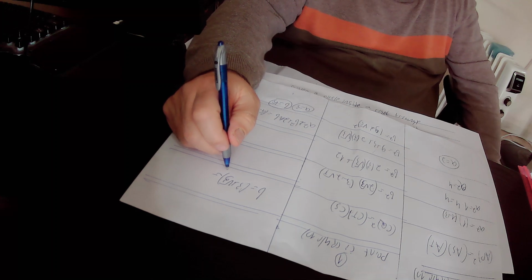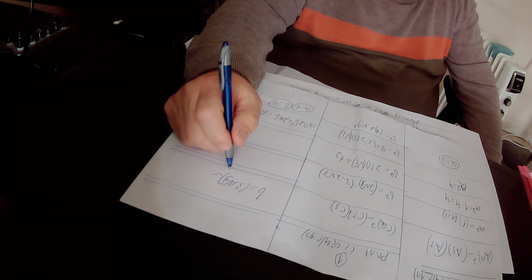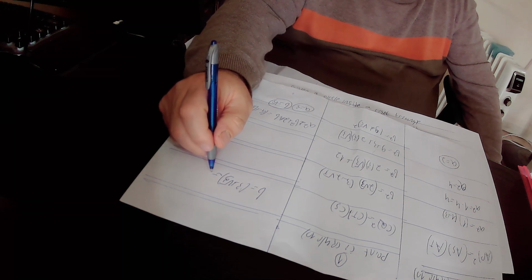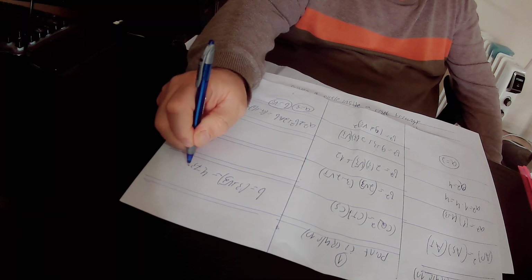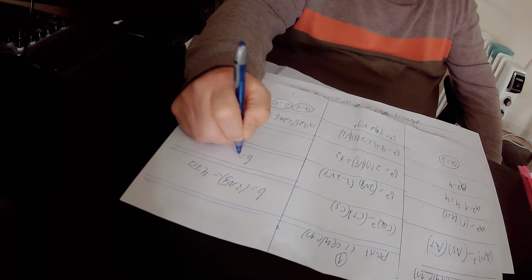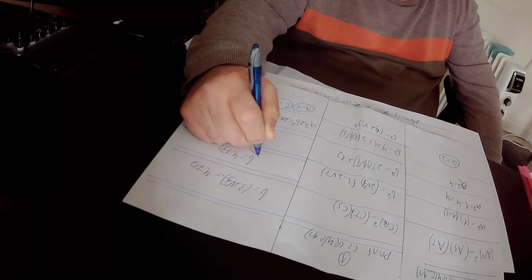Square root of 3 is 1.732, therefore b equals 3 plus 1.732, which equals 4.732. In conclusion, we found out that b equals 4.732 units.